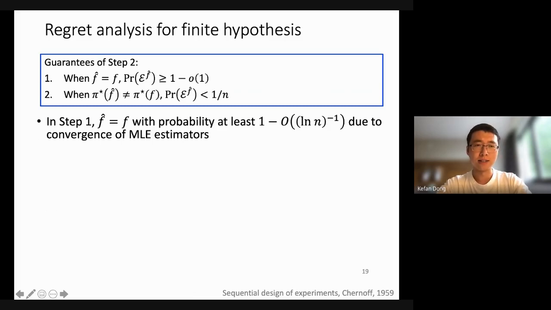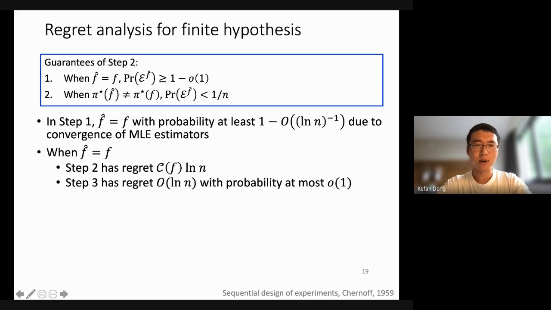Then in the following, we just do some case analysis. In the first case where our estimation is accurate, the second step will have regret C of f log n. And in the third step, if this estimation passes the log likelihood ratio test, we will have 0 regret.